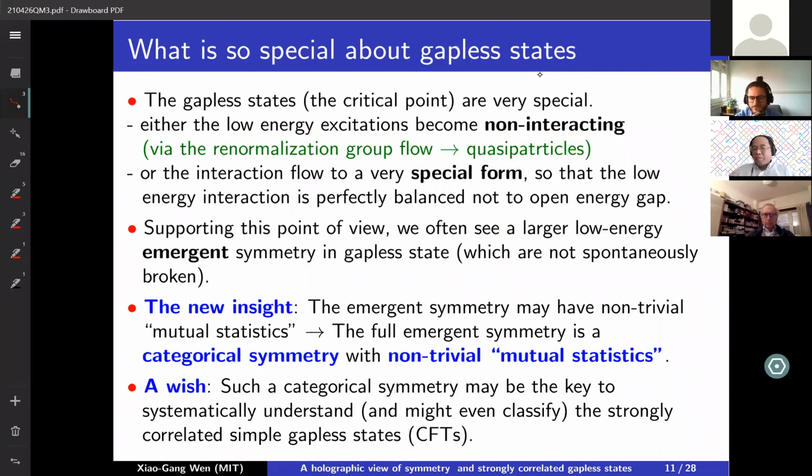But in nature, the more generic gapless states are those where the low energy excitations always interact. But in physics, when things have interaction, there's a tendency to open up an energy gap. To have interaction without opening an energy gap, the interaction has to have a perfect balance. A very, very special arrangement.